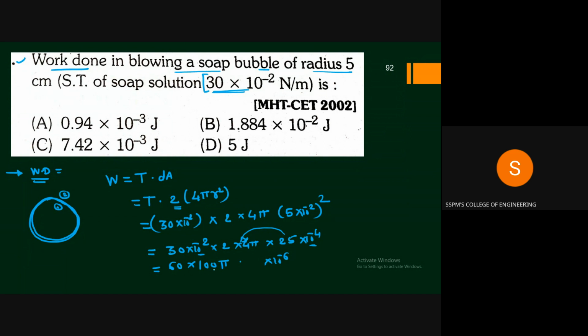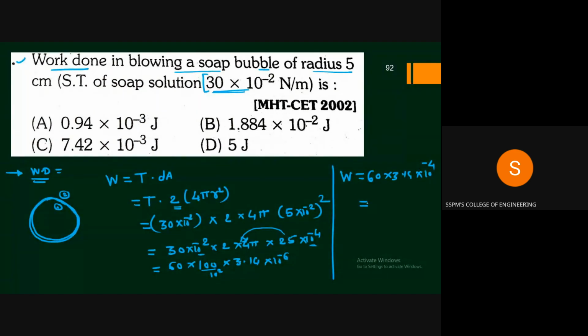So we get 60 into 100 pi into 10 to the power minus 6. You can put the value of pi as 3.14. Now this 100 means 10 to the power 2, and this is 10 to the power minus 6. So we will get W is equal to 60 into 3.14 into 10 to the power minus 4.